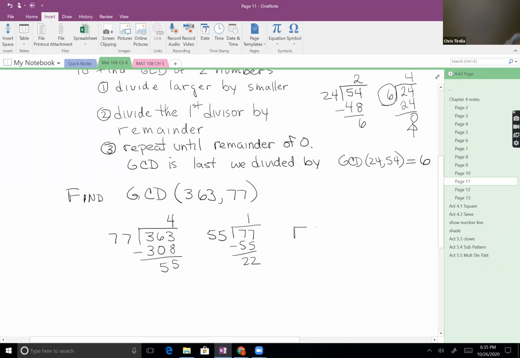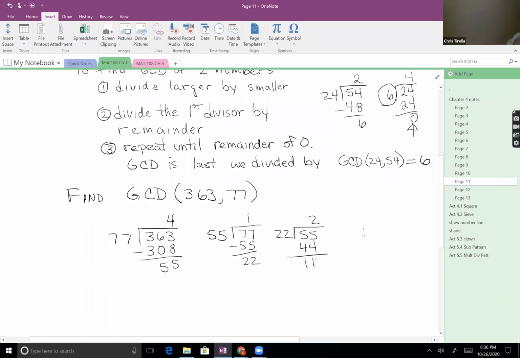So let's take that 55 and divide it by the last remainder. How many times does 22 go into 55? Twice. Twice would give me 44, and my remainder is 11.